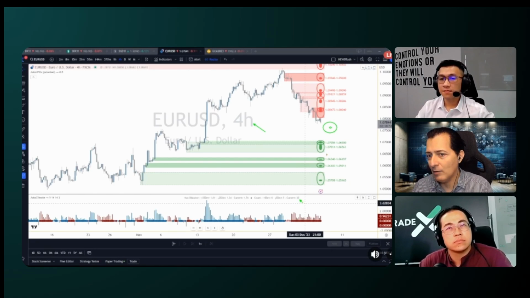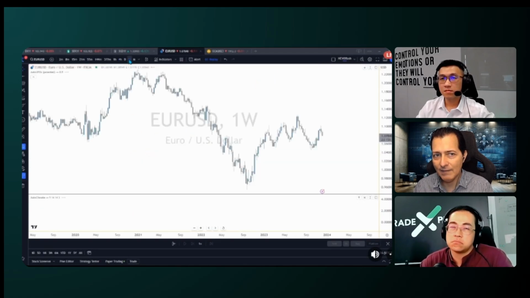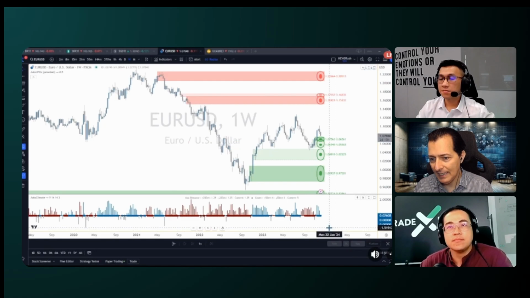And the moment we have a green UFO, we are likely going to resume the prior long-term move, because on a daily or a weekly time frame, it's an up climate, which is supposed to last for 6 weeks, and this is still week number 5. So statistically speaking, we are in for at least another week.